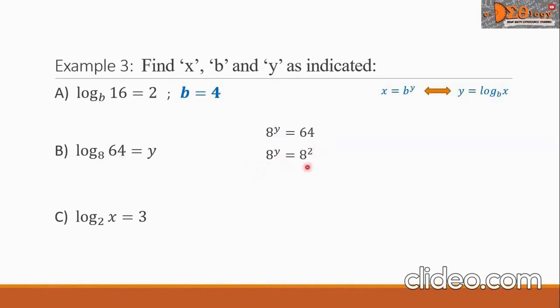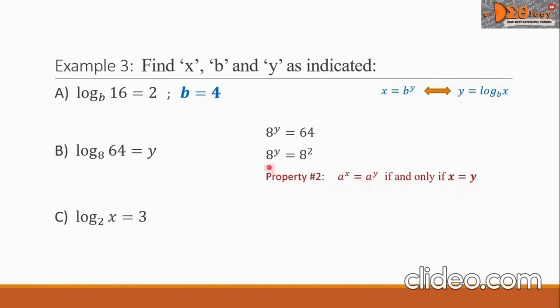In this portion, I can see that I have same base for the left and the right sides of the equation respectively. So I remember property number 2 of exponential function, and that is a raised to x equals a raised to y if and only if x equals y.